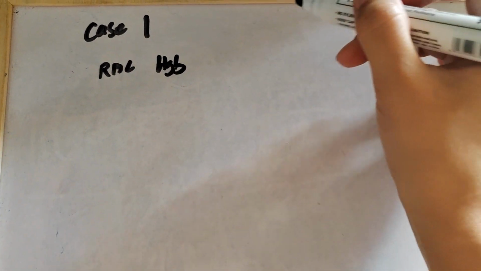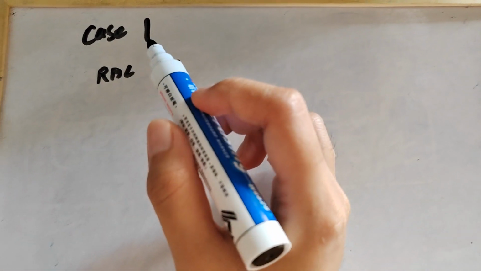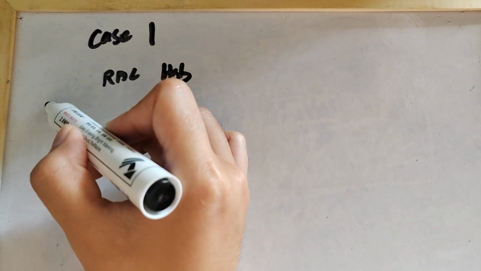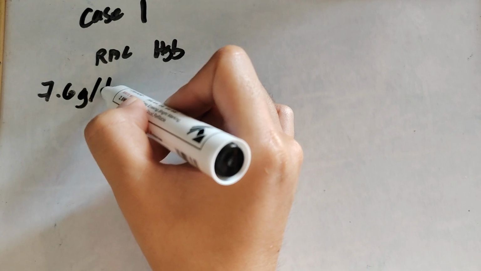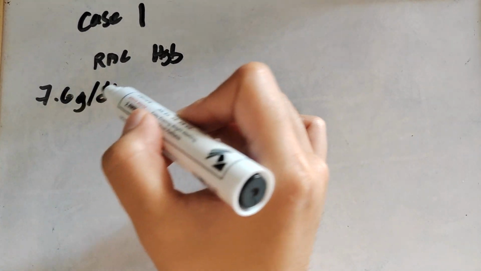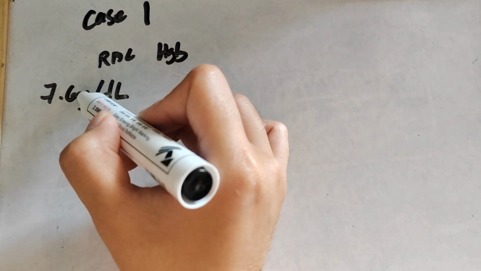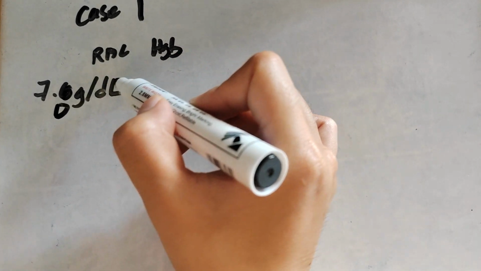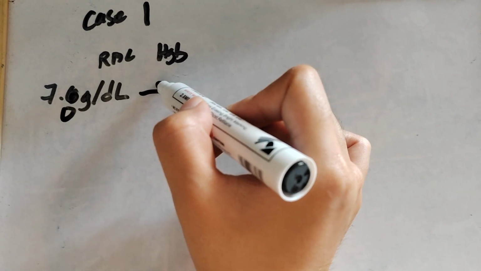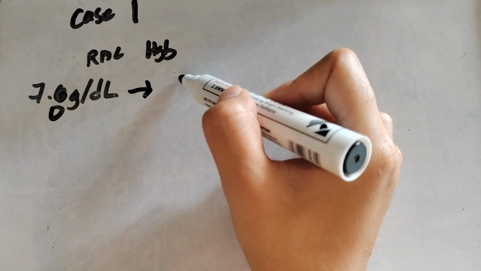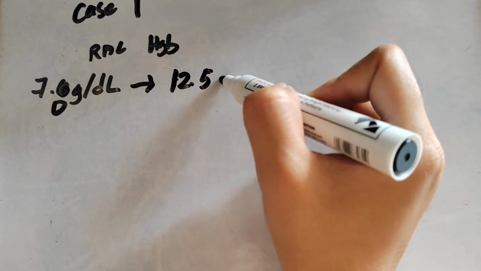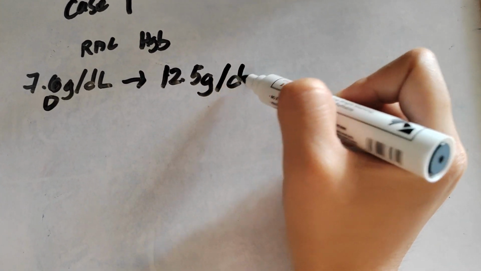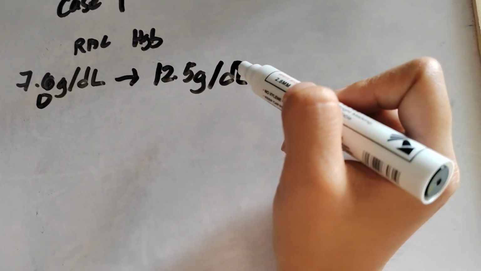For example, the patient has 7.8 grams per dL of hemoglobin. Of course that's low. We want the patient to be at least normal, so our goal is for the hemoglobin to become 12.5 grams per dL.